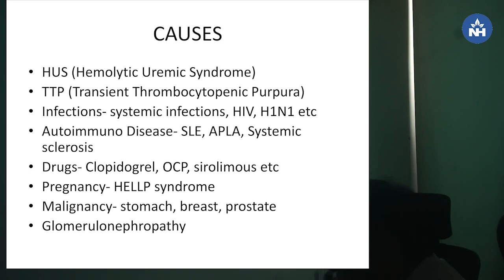The main common causes are hemolytic uremic syndrome, thrombotic thrombocytopenic purpura, infection like systemic infection, HIV, H1N1, etc., autoimmune disease like SLE, antiphospholipid antibody syndrome, systemic sclerosis, drugs like clopidogrel, OCP, sirolimus, etc., pregnancy, HELLP syndrome, malignancy mainly stomach, breast and prostate cancer, and glomerulonephropathy.